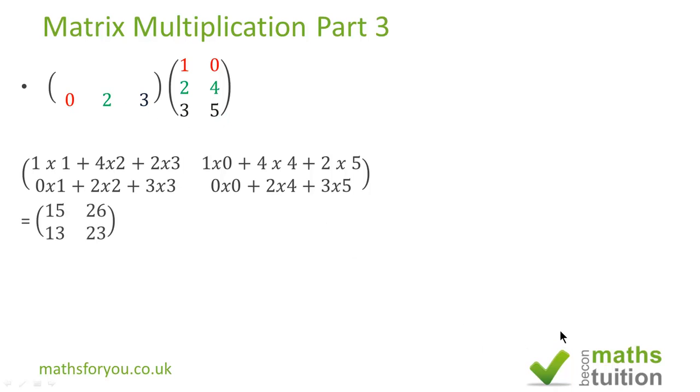So you should end up with, now 0 times 1 is 0, 2 times 2 is 4, 4 plus 9 is 13. For the right bottom corner, 0 times 0 is 0, 2 times 4 is 8, and 3 times 5 is 15. Now 8 plus 15 should give us 23, and that's our answer.